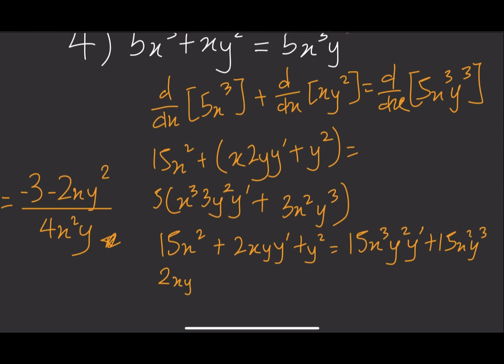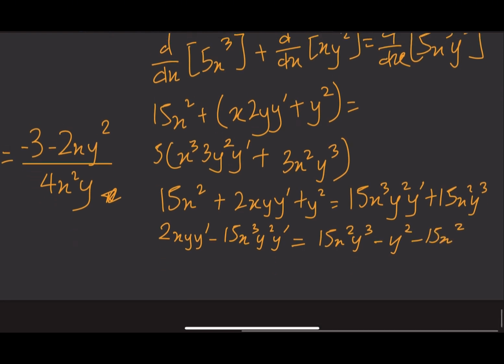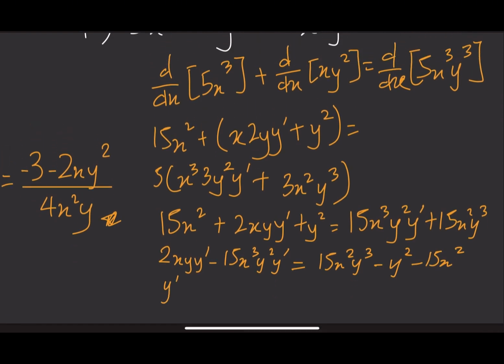Then we just try to isolate the y prime out. So 2xy y prime minus 15x cubed y squared y prime equals 15x squared y cubed minus y squared minus 15x squared. Isolate the y prime. 2xy minus 15x cubed y squared equals 15x squared y cubed minus y squared minus 15x squared.